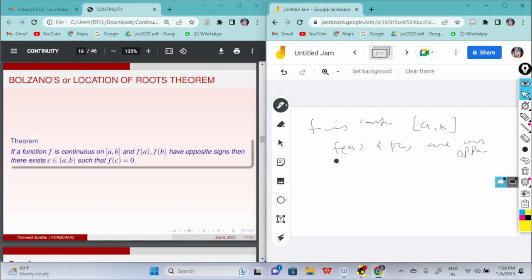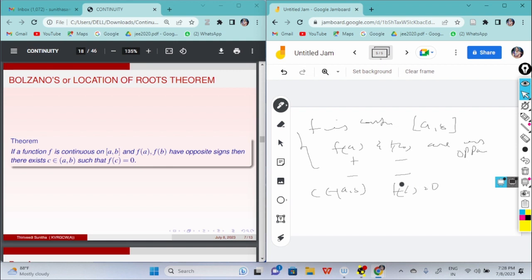That means if f(a) is positive, f(b) is negative, because these two are on opposite sides. Or f(a) is negative, f(b) is positive. Then, if these two conditions are satisfied, that is f is continuous and f(a) and f(b) have opposite signs, then there exists c belongs to (a, b) such that f(c) is equal to 0.